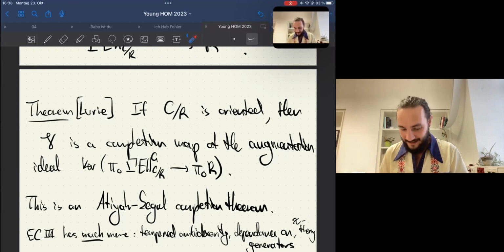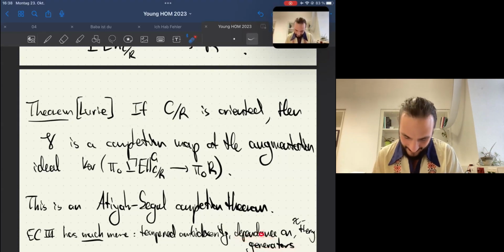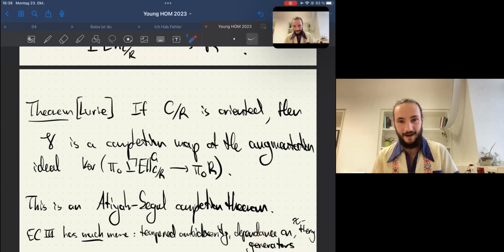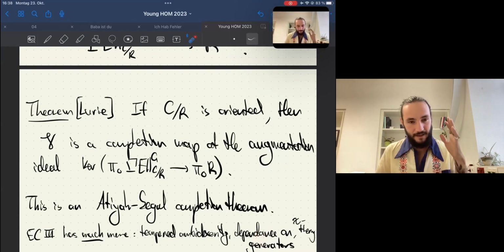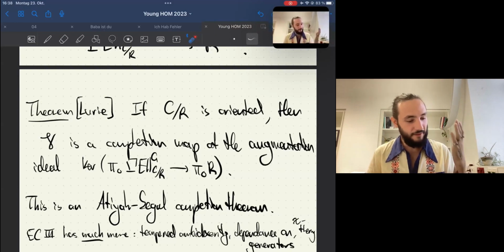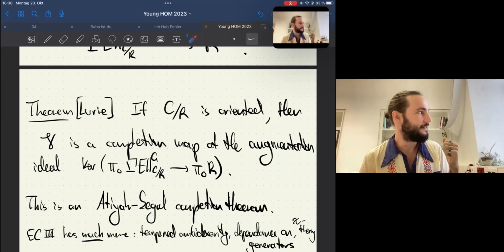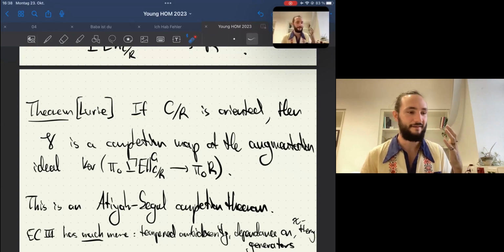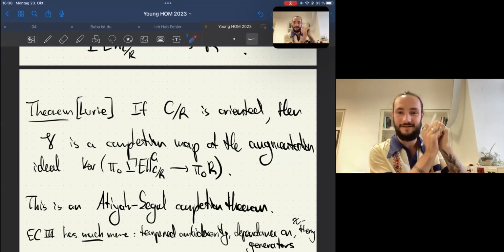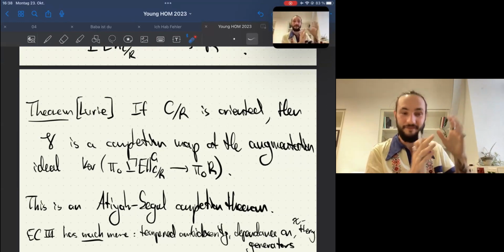There's also this fascinating dependence on generators result, which says that you might know a theorem from K-theory, which says that equivariant K-theory for any group can be obtained from the equivariant K-theory for all cyclic groups. So it's somehow telling you that equivariant K-theory is defined for cyclic groups and then can be extended to everything else.